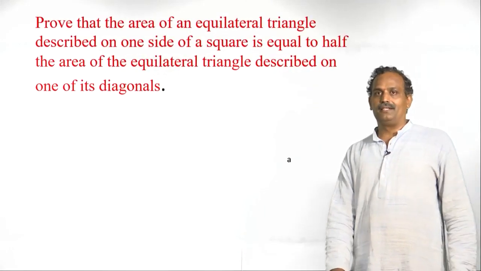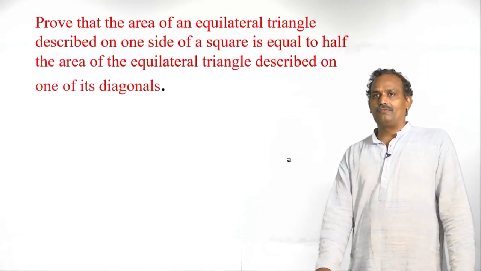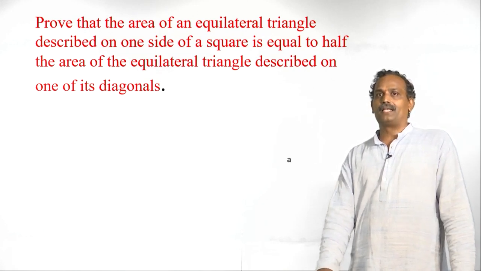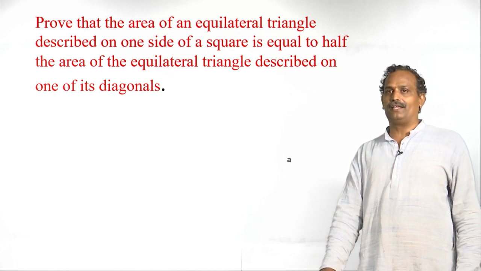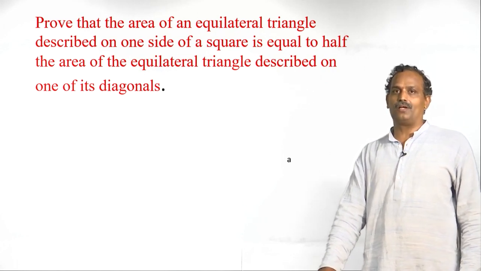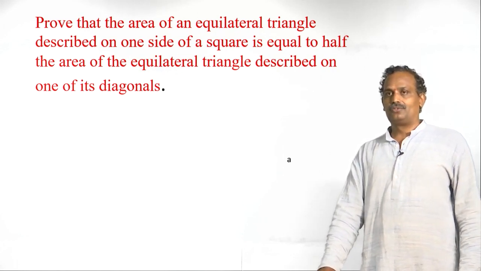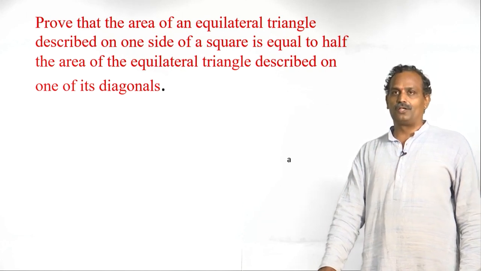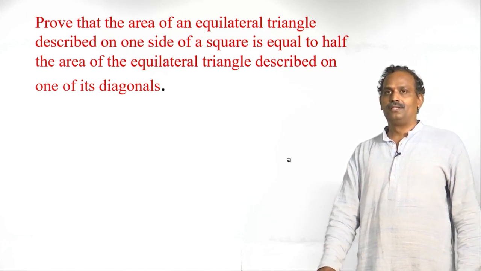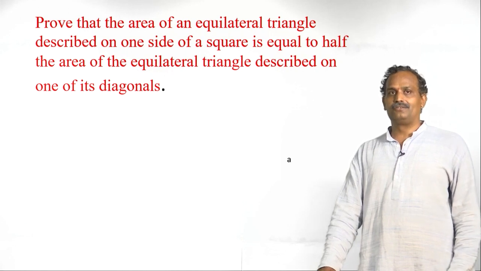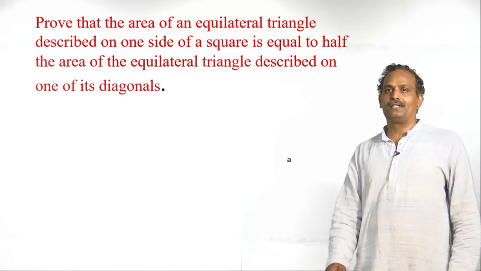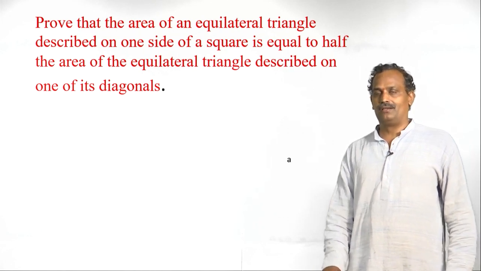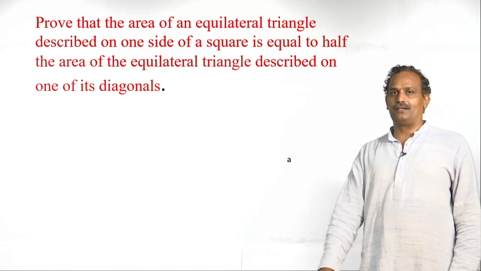So let us read the problem. Prove that the area of an equilateral triangle described on one side of a square is equal to half the area of the equilateral triangle described on one of its diagonals. The problem itself tells us there are two equilateral triangles. Before actually solving the problem, we can easily tell that those two triangles are similar based on the AA criterion.